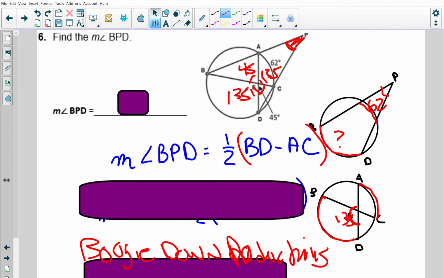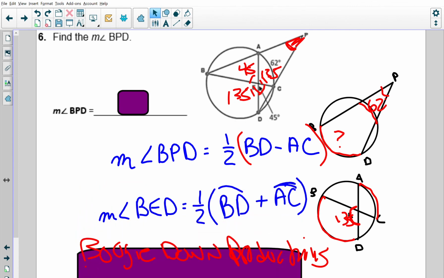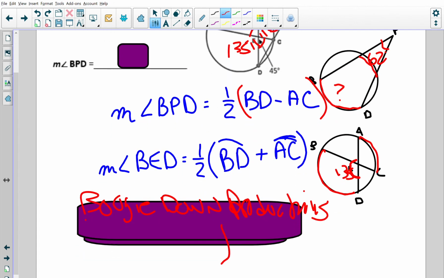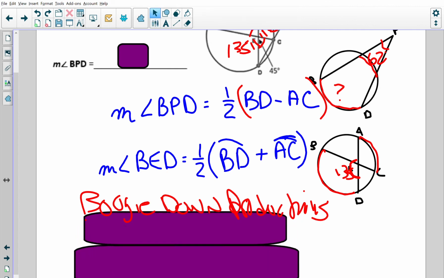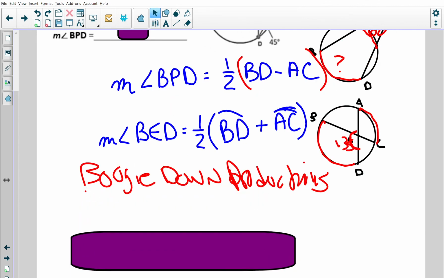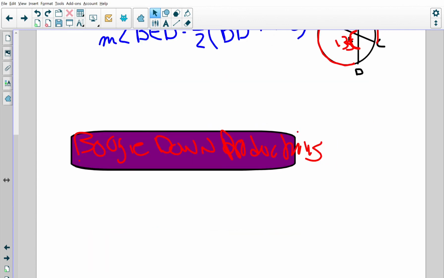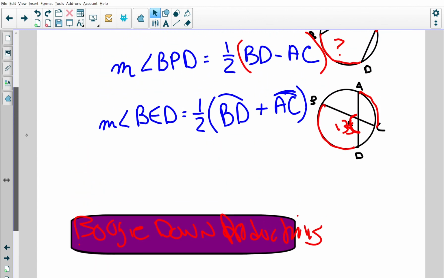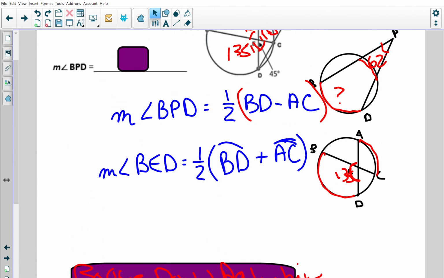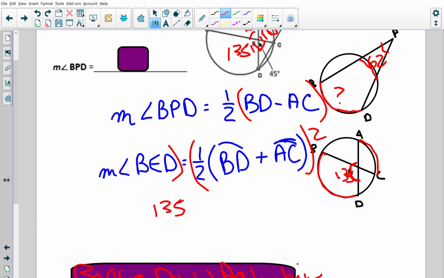Now we can take this other relationship, right? These two arcs that are summed, and we can actually substitute in some information, and solve. Well, what is that? We know that BED is 135. I'm going to multiply both sides by 2 to get rid of this.